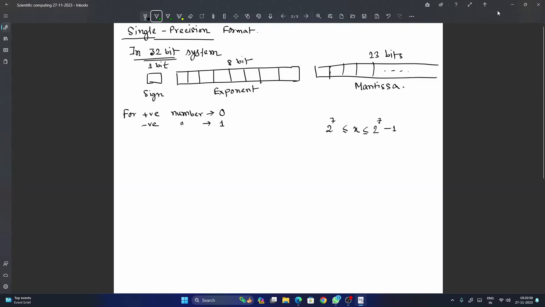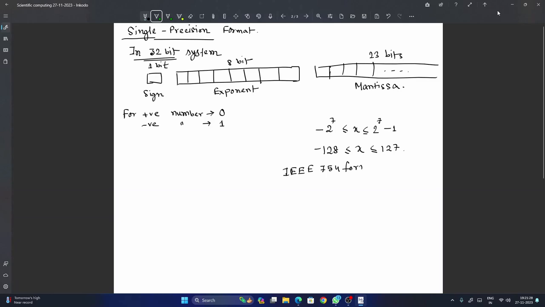Total how many numbers will be there? Just calculate it. What is the value of 2 to the power 7? Minus 128, no? Minus 128 less than or equal to x, and less than or equal to 127. So that is the range of exponent.